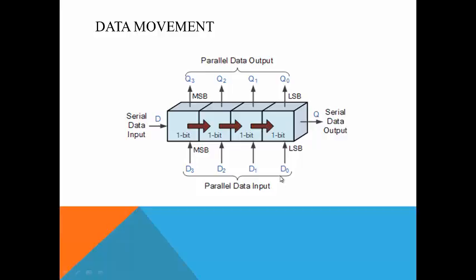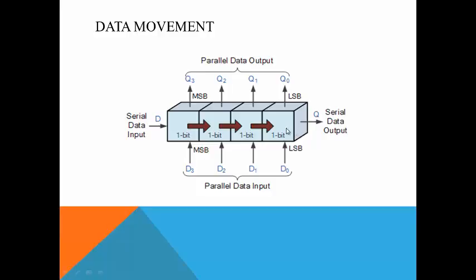Okay, so for loading you will take one clock cycle, and from the next clock cycle it can come out one after the other. So in the second clock cycle you can get this bit, in the third clock cycle you can get this bit because this would have been transferred here. In the fourth you can get this, in the fifth you can get this.